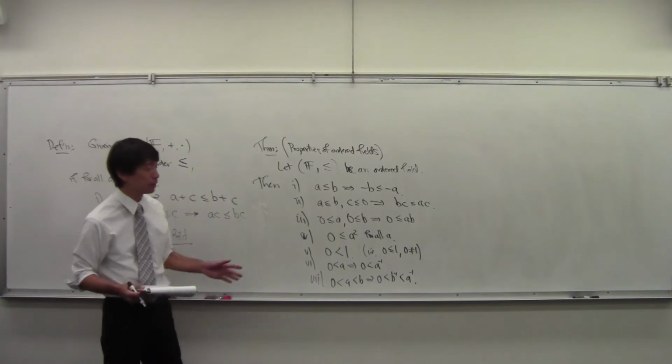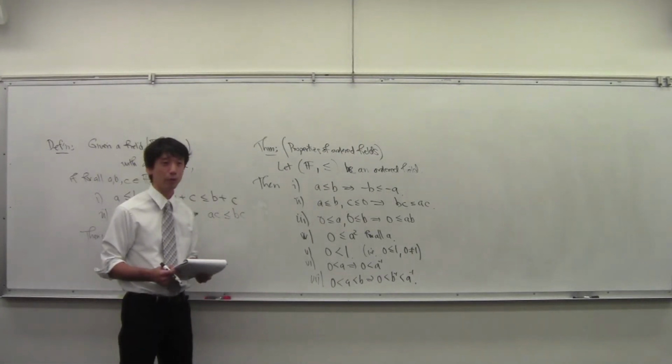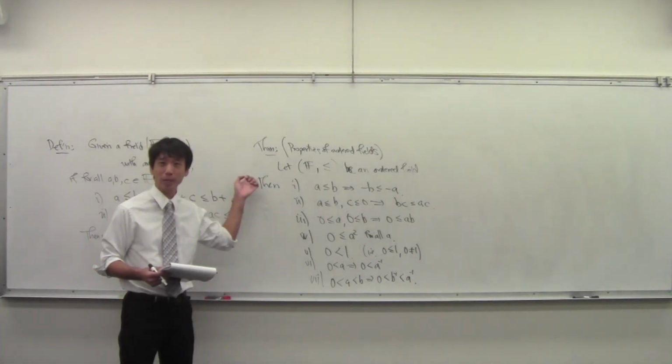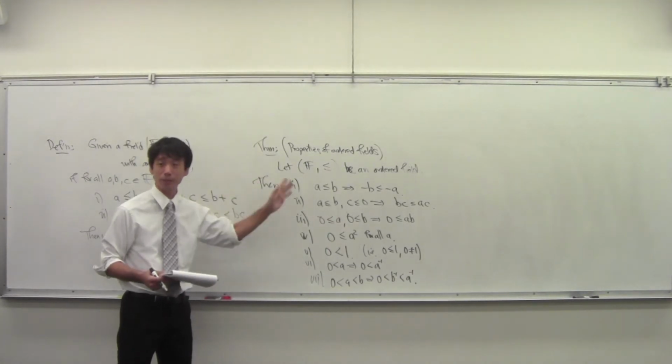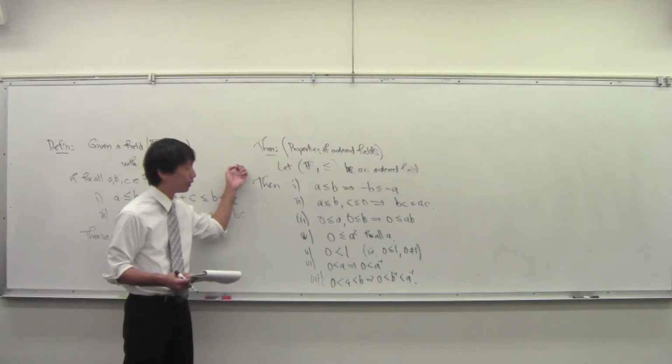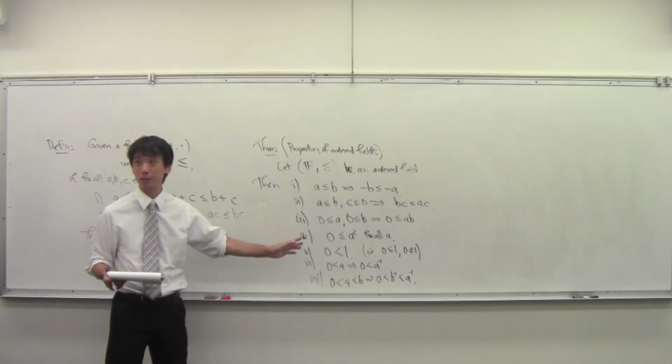These are all consequences of the definition of an ordered field. And just like when we had the field axioms, and then we had a bunch of consequences, with an ordered field you'll have a bunch of consequences that we include.